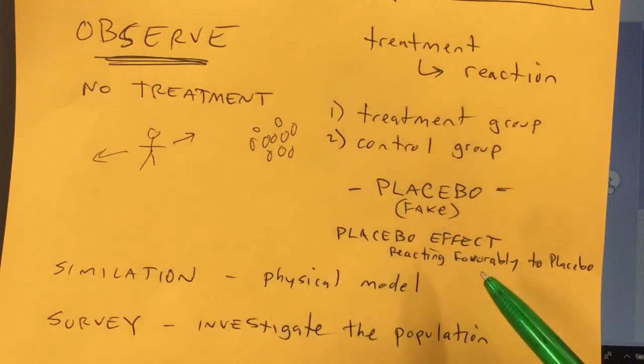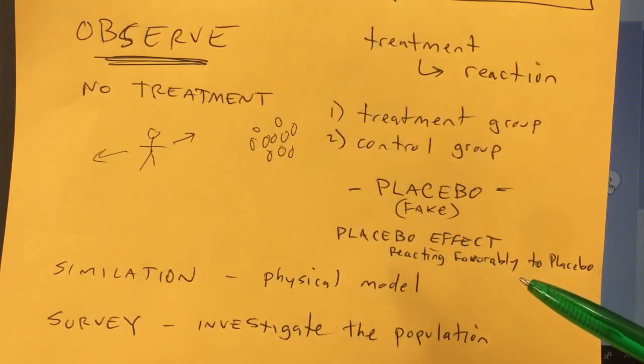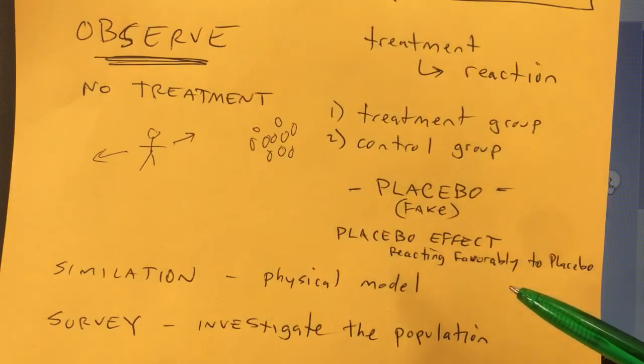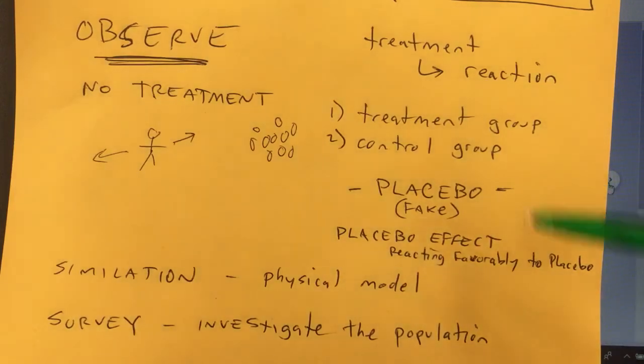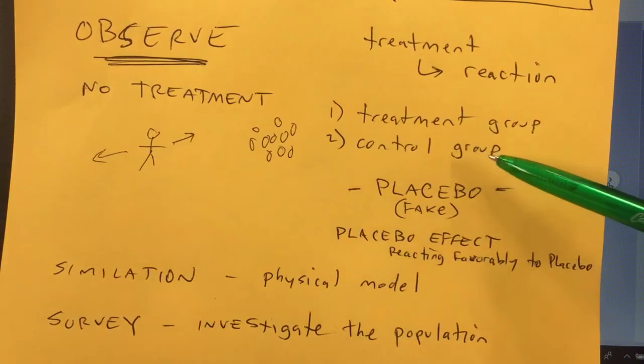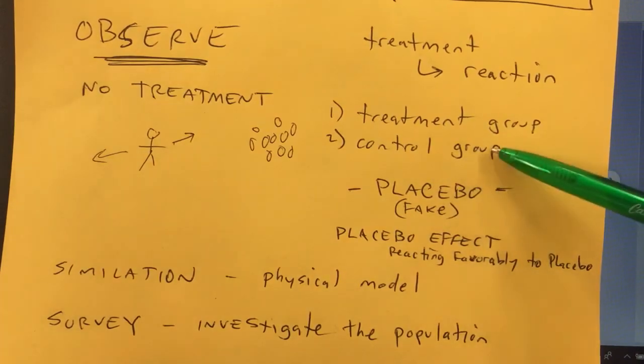And they're acting favorably to it because they get this in their mind that they think that they're getting this treatment, and they make themselves feel like they're getting better or make themselves act favorably like the treatment group, when they're actually in the control group and they're not getting any treatment.